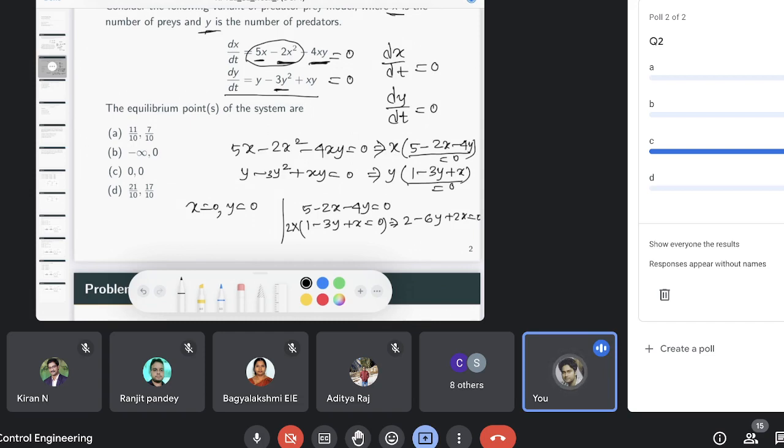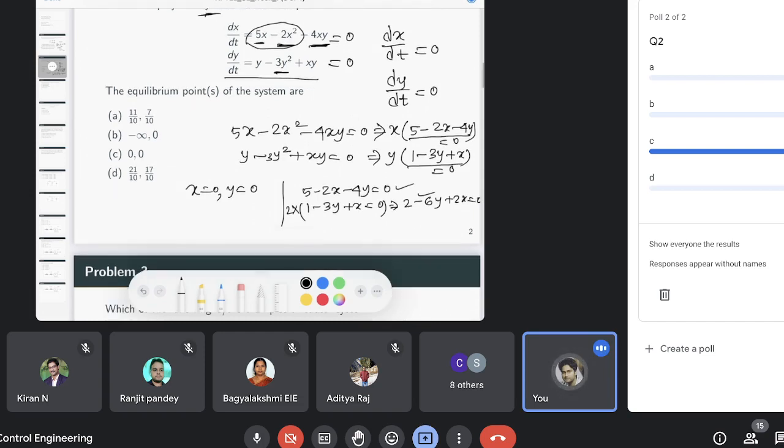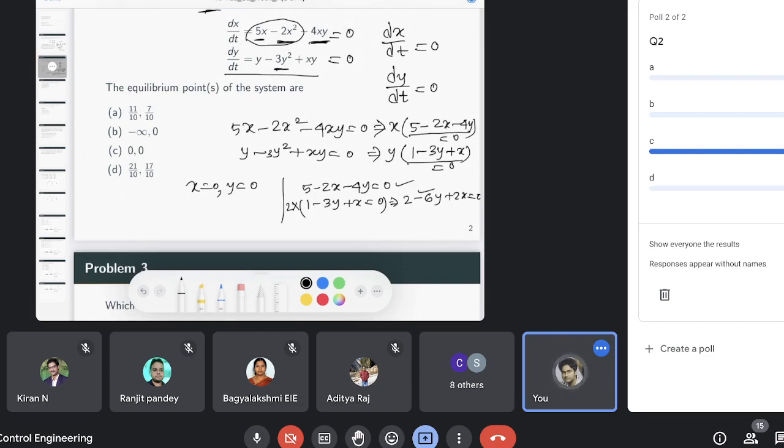Then add these two equations, and x will cancel out. So we have 10y equal to 7, which implies y equal to 7 by 10. We can also compute x from this equation, that is x equal to 3y minus 1, which is 21 by 10 minus 1, equal to 11 by 10.